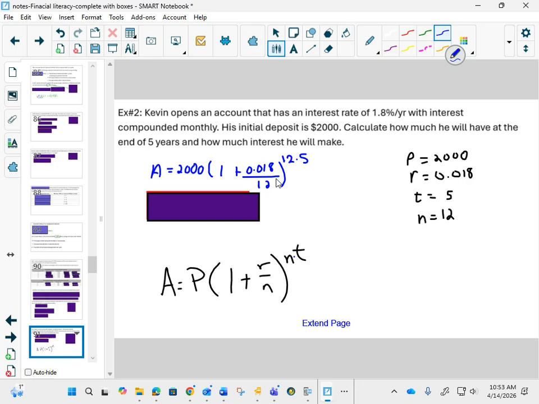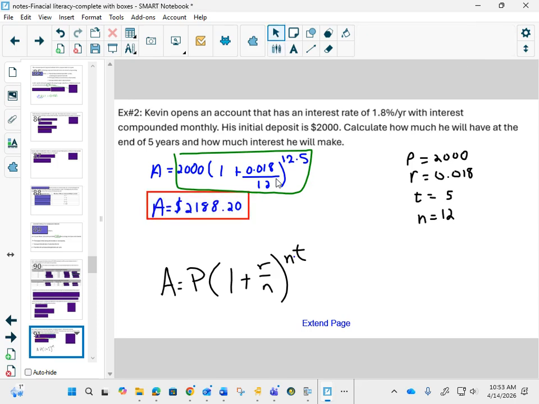So it's going to be 12 times 5. I wrote the 12 first because in my formula I wrote the N first. Then this, you should have a good enough scientific calculator that you type this in exactly as you see it and just push enter. The A is what you typed in, what's in the green box, exactly as you see it. And then you still have A equals, because that's what you're figuring out.